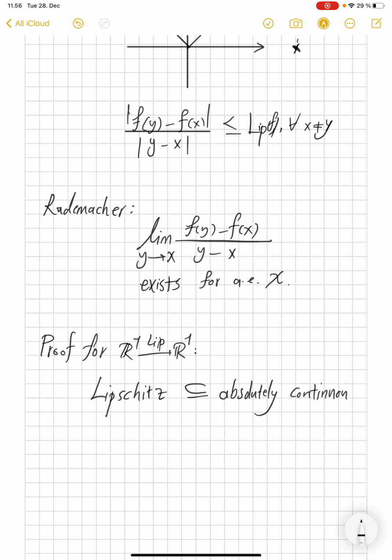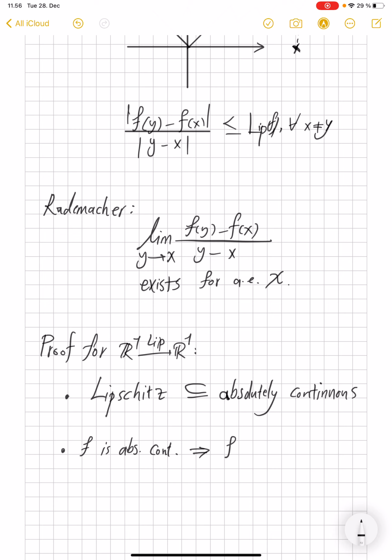So if a function is Lipschitz, then it is also absolutely continuous. I refer to the Wikipedia page as a great starting point for absolutely continuous functions and their definitions, but all I will need here are some properties of these functions.